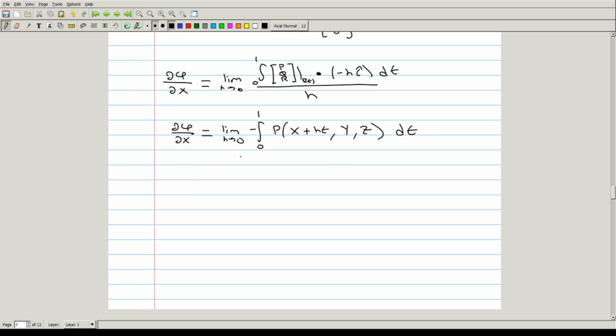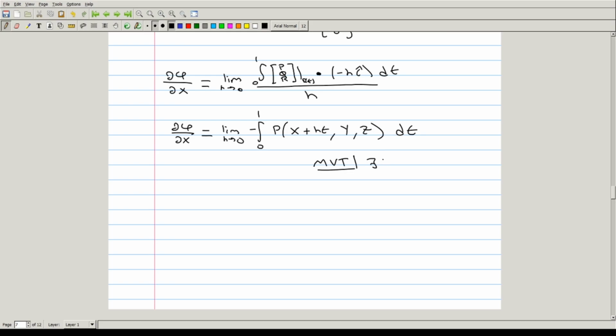And this is where we want to use one of our theorems from Calculus 1. This entire thing is just a nice function of t, and we can use the mean value theorem from Calculus 1 to assert that there's going to be, and this is because this is a continuous function. P is a continuous function of all of its arguments. So at any point x, y, z, it's a continuous function of the x argument, and therefore this composition is continuous.